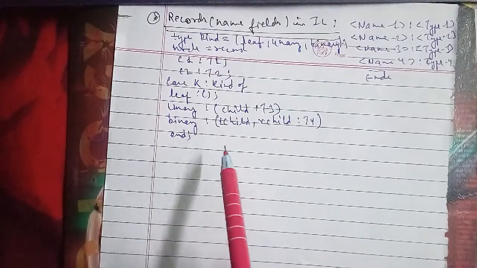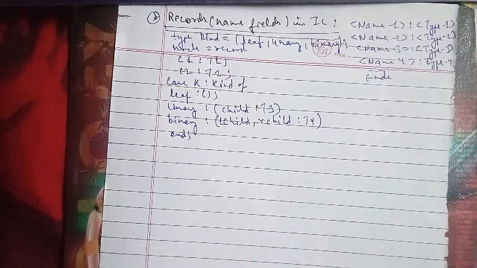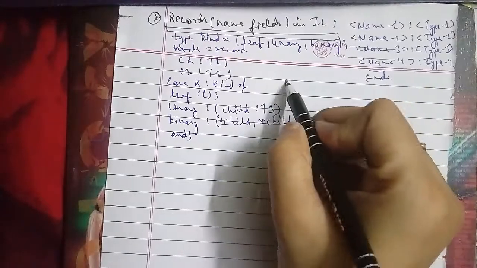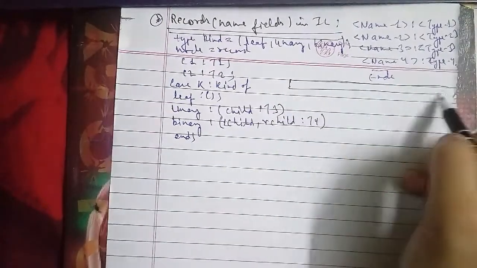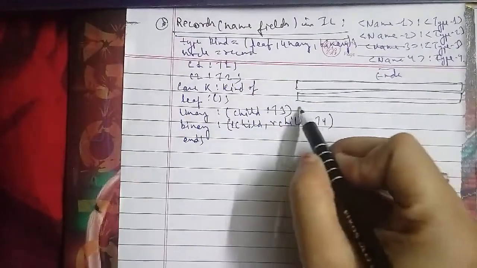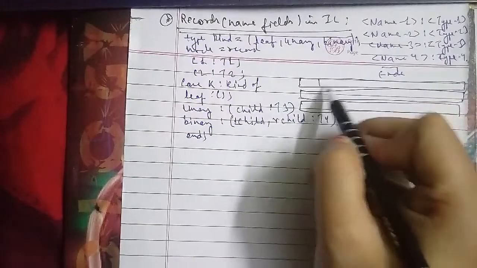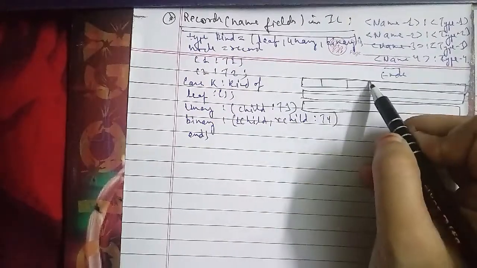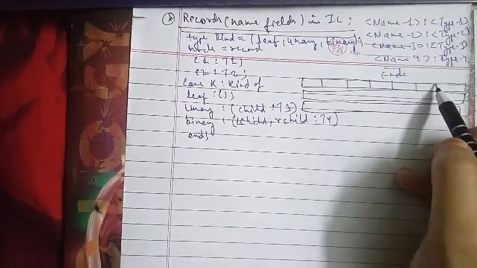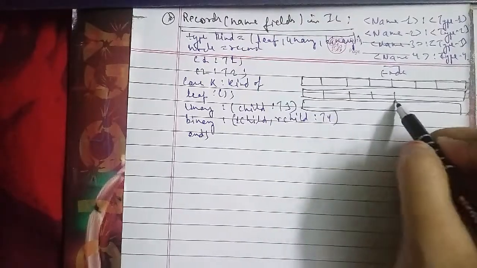C1, C2, then K, and then we have another three in the same way. So here it has been represented: C1, then C2, then K. This is C1, C2, K, child. Then we have C1, C2, K, L child, and R child.